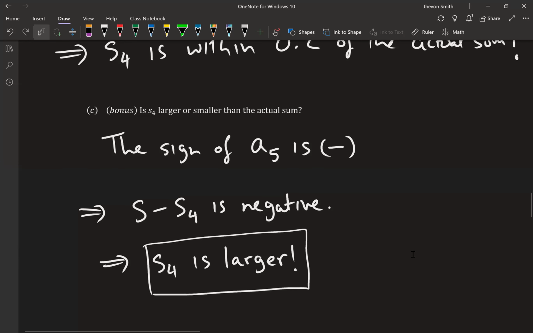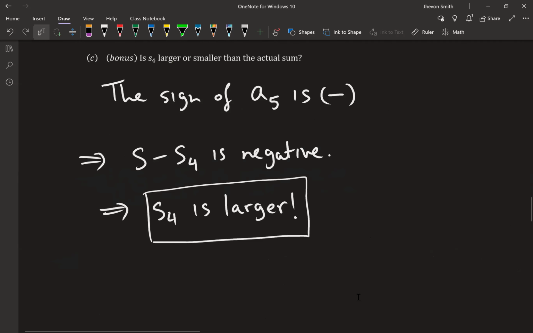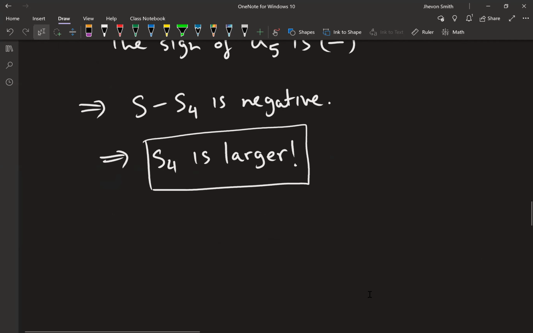I will be at most 0.2 greater than the actual sum. So I know how much I'm off by, and I know what direction I'm off in. This estimation is going to be a little bit larger than the actual value. How much larger? At worst case scenario, it's going to be 0.2 larger. That's the worst case scenario. FYI.